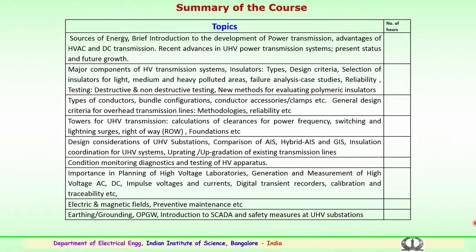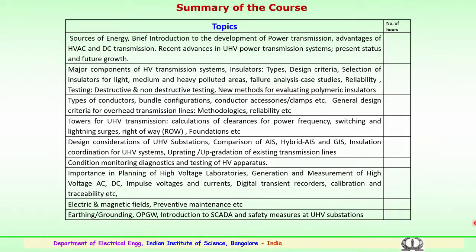Then we have discussed the major components of high voltage transmission systems, important being the insulators, which perform dual functions in the transmission towers. One is to mechanically get connected to the tower and electrically isolate the conductor.